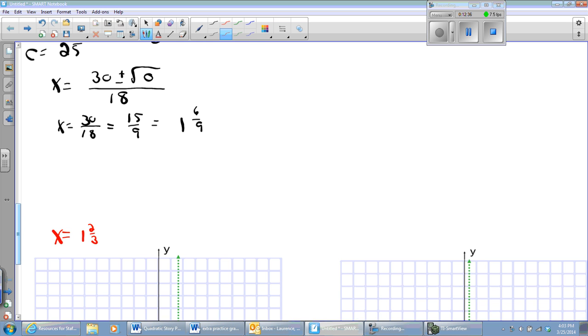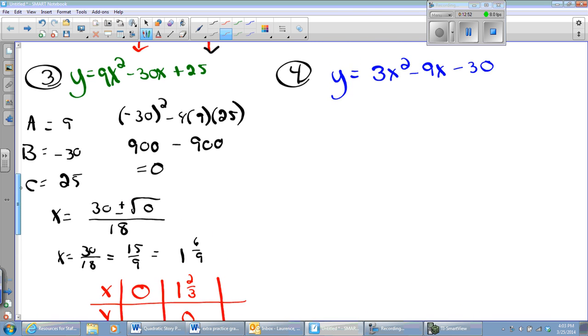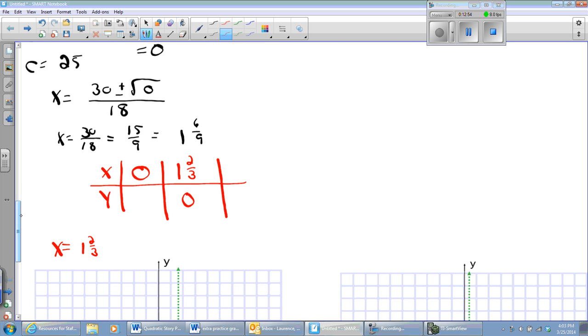But now I need a table because I need 3 points to graph, not just 1. So I have 1 2/3, 0. I'm going to plug 0 in, and I'm going to get 25 out. Oh, that's not too friendly, but I guess I can count by a different number.